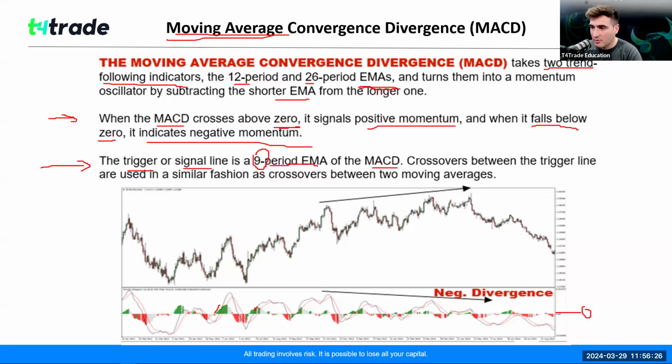So crossovers between the trigger line, which is going to be the red line in the next chart, are used in a similar fashion as crossovers between two moving averages. When you have two moving averages, one short and one long, once you see the short moving average crossing above the long-term moving average, it creates the signal we call the bullish crossover, or the golden cross.